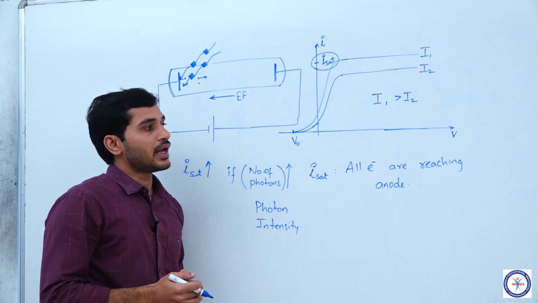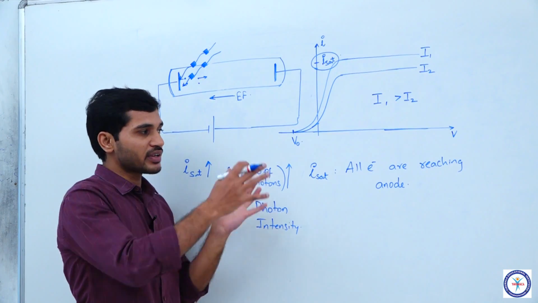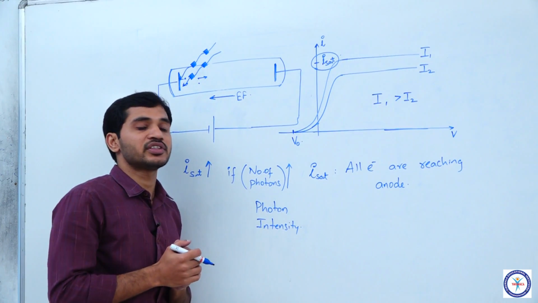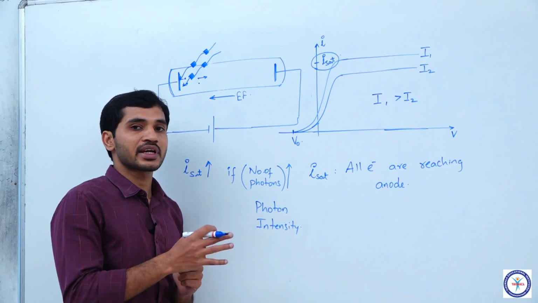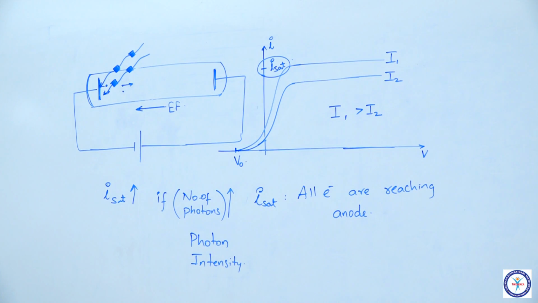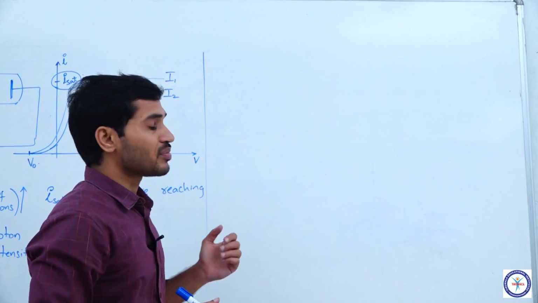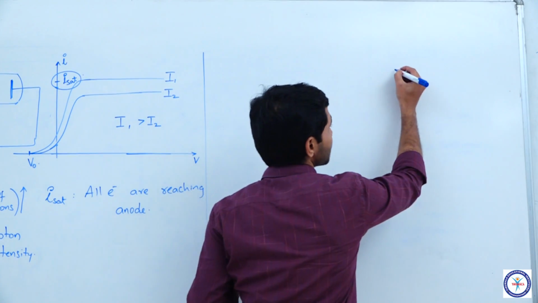Now I'll just make a table out of whatever we have discussed. All the parameters which we have discussed, I'll just list down one by one, and I want you to think about all the cases which I am going to write down. The observations which we have made in this particular experiment, there are two observations.